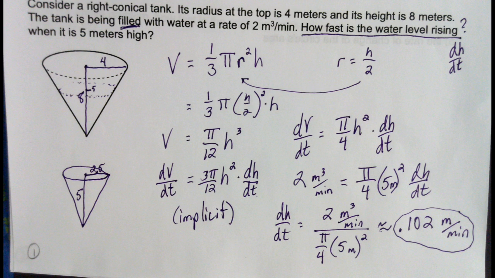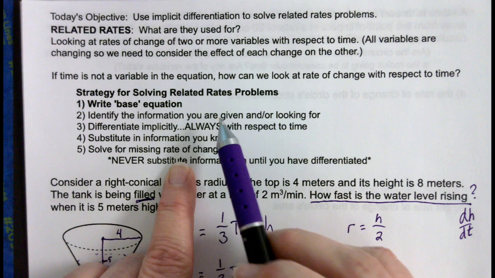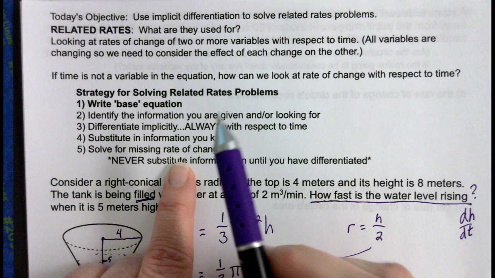So whatever you're doing, write the equation for volume, or the area of a triangle, or the perimeter of something. Write your base equation. That's what I did first.